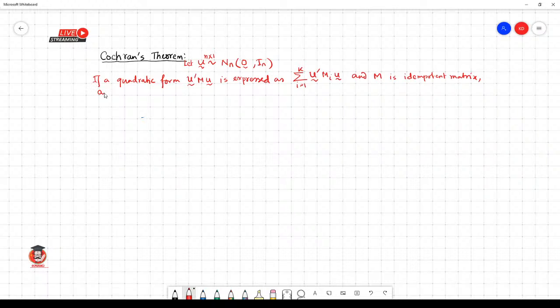Any one of the following conditions implies the other.